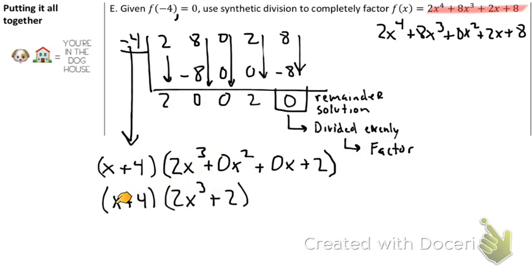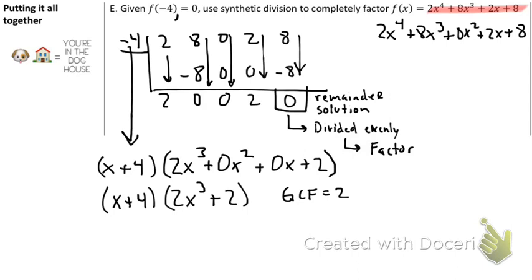Now we can't factor the x plus 4 anymore, it's done. But looking at the other part, can I factor it? The answer is yes, we can factor using GCF. My GCF here is 2.